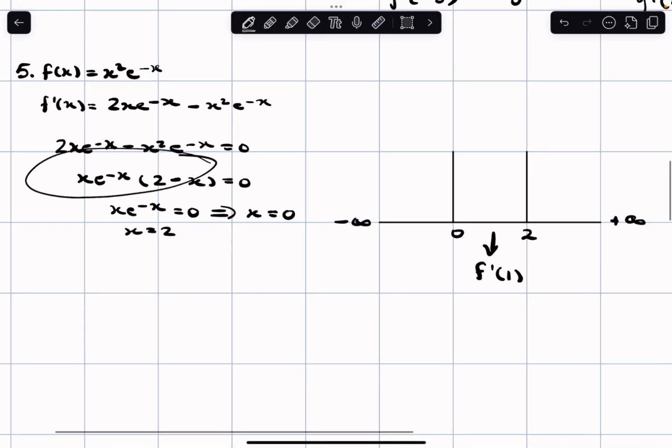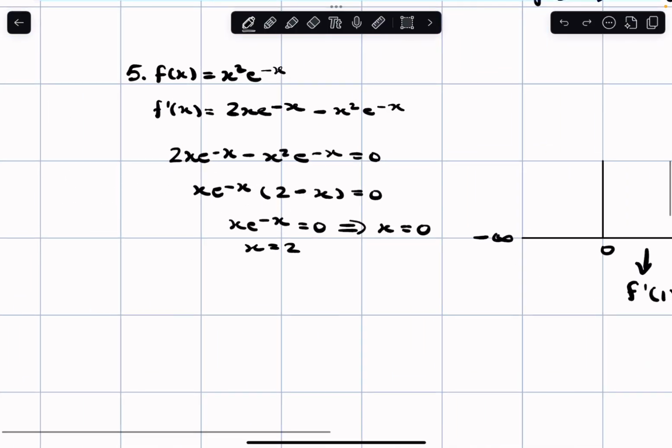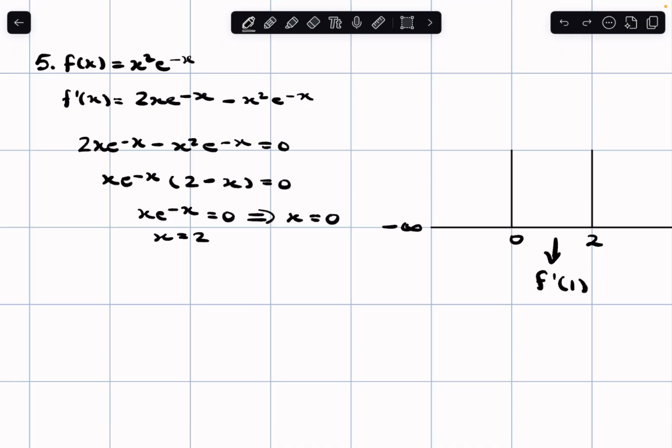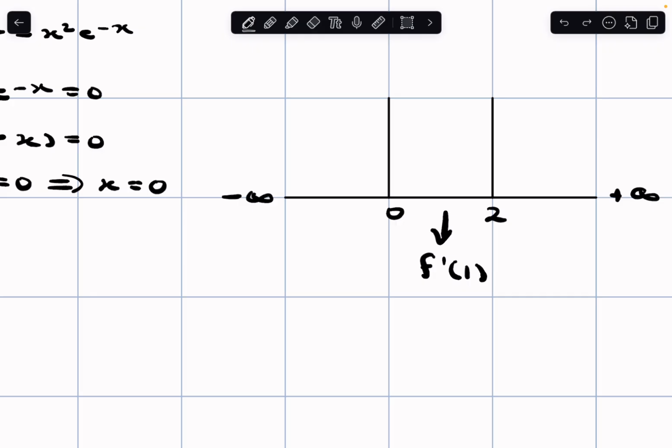Let's factor it here. Rather than just using this function, we're better off using that function because it's a simplified form. So it's going to be positive because 1 times e to the negative 1 is 1 over e, then times 2 minus 1, which is just 1 over e. 1 over e is positive, so it's going to be increasing here.